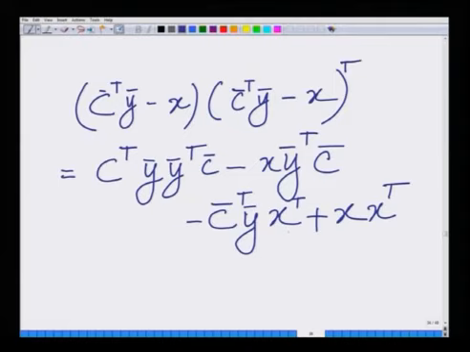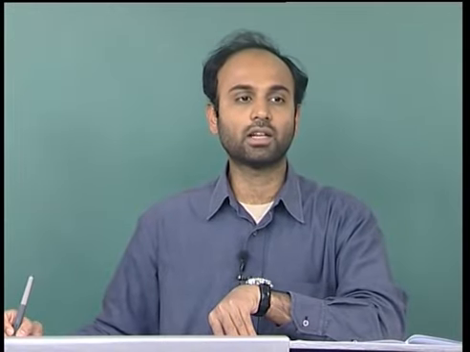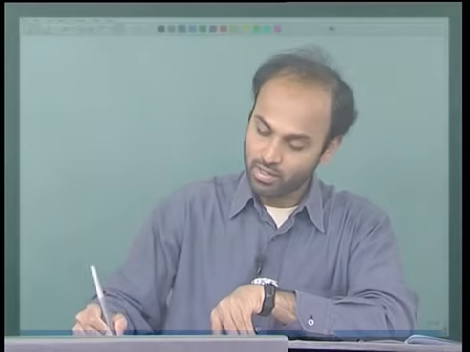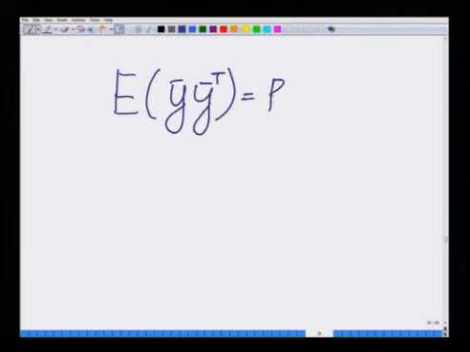Okay. So, now I will define some new quantities over here, because we have to compute the mean. So, we need some statistical parameters. So, I will define the following quantities. I will define expected y bar y bar transpose equals R y.